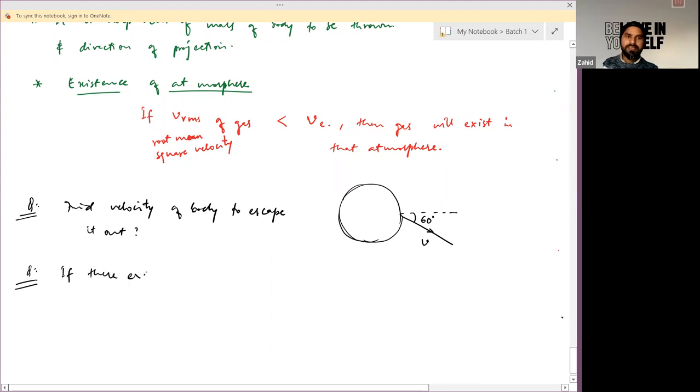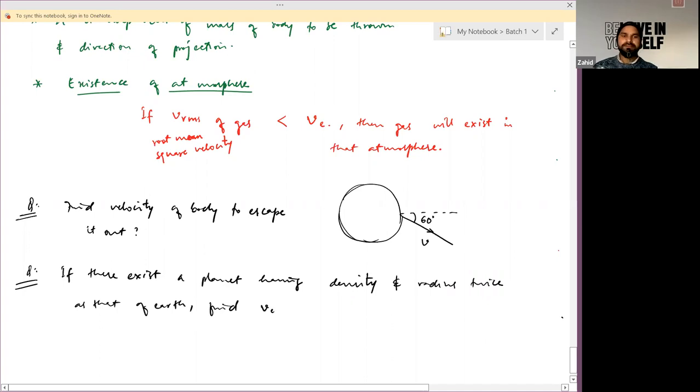If there exists a planet having density and radius twice that of Earth, find the escape velocity on that planet. Try to solve.